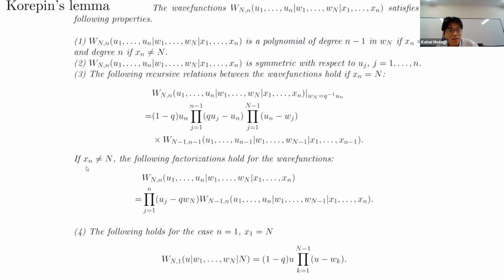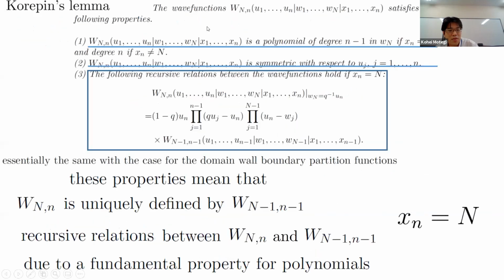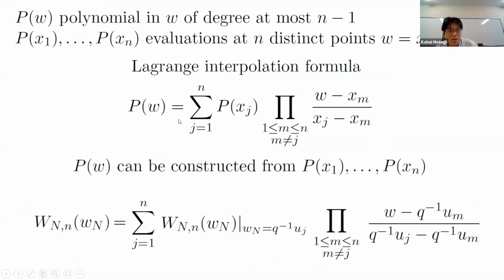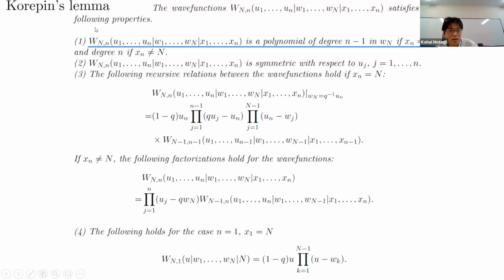So these three properties mean that this is actually a recursion relation between this partition function and this partition function, if small n is equal to large n. Okay, so let's see in detail. Let's see this first property.